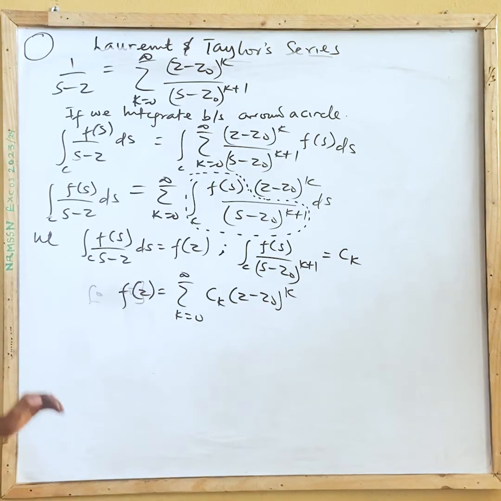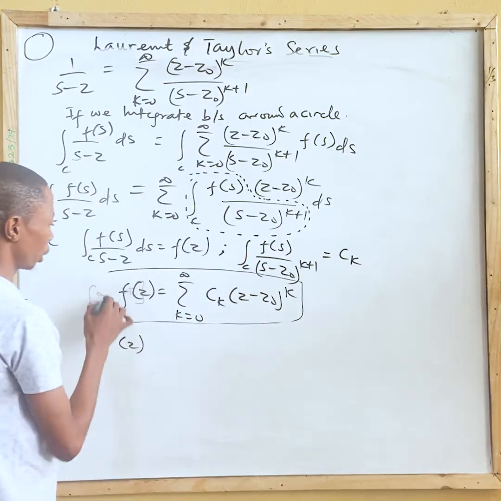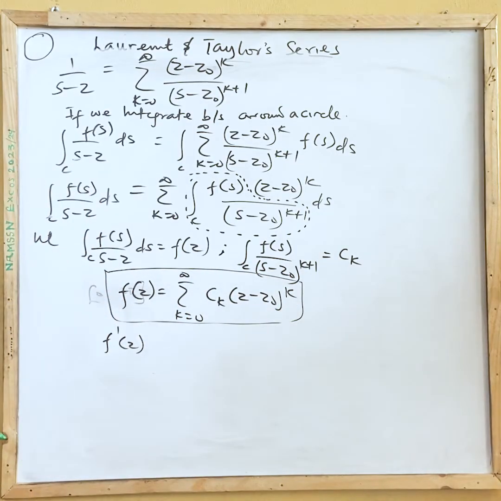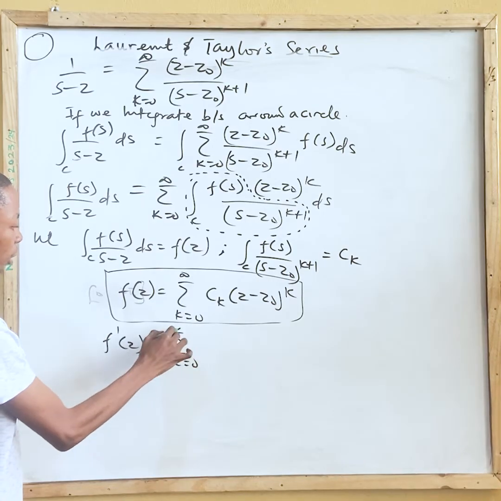So from here now, if I want to generalize or get the nth term, I differentiate both sides. Well, this is actually the Taylor series that we are looking for, but I want to generate the nth term. So if I differentiate this part partially with respect to z, it will be the summation, k starts from 0 to infinity.